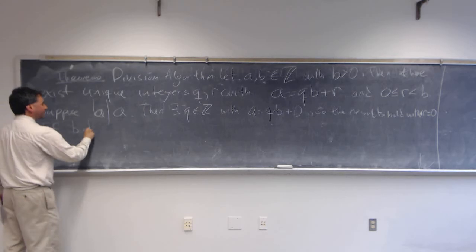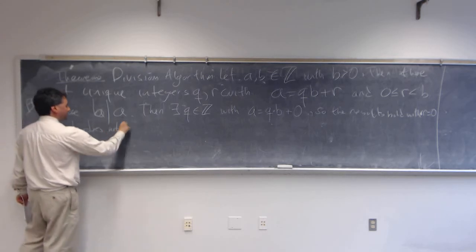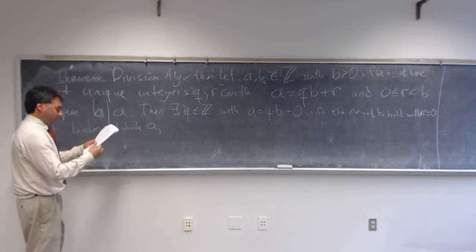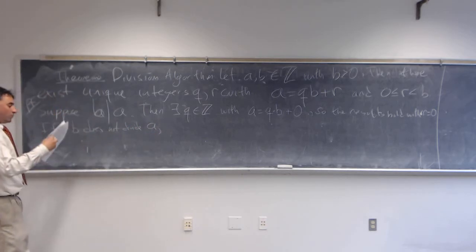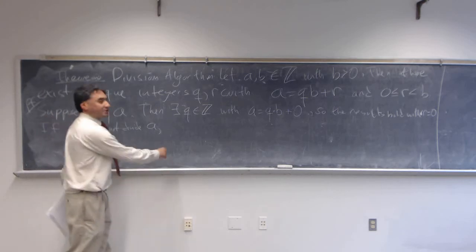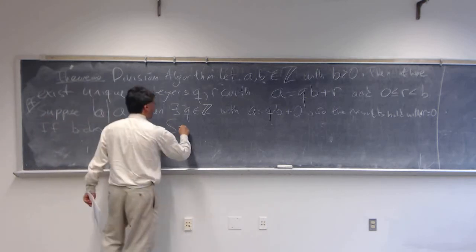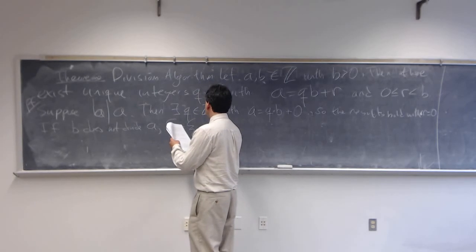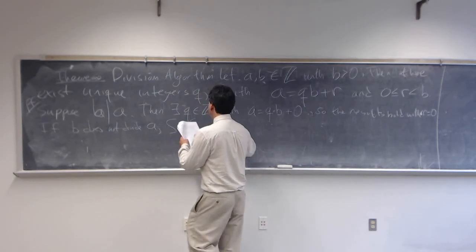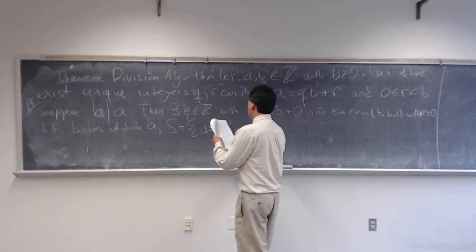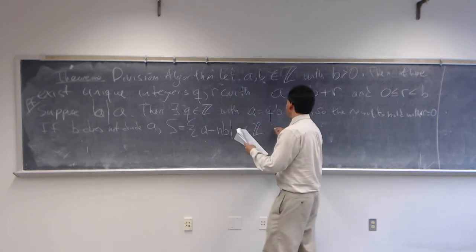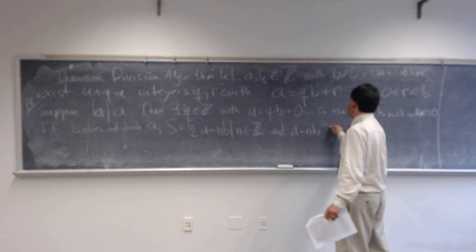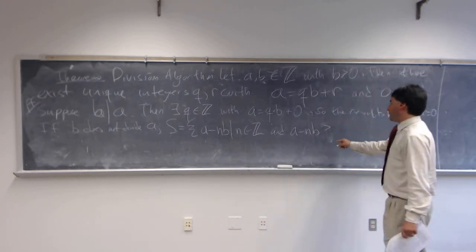If b does not divide a, we look at the set S of a minus nb, where n is in Z, and a minus nb is strictly greater than 0.